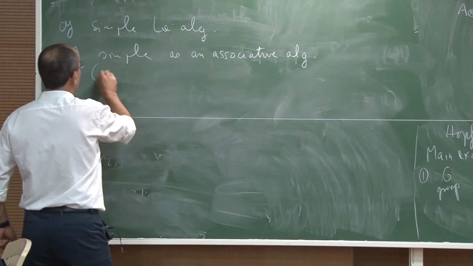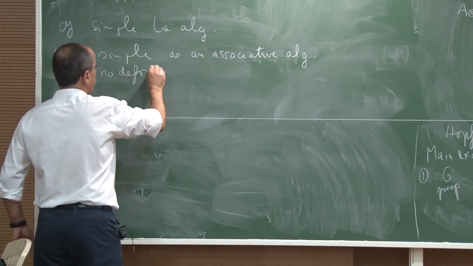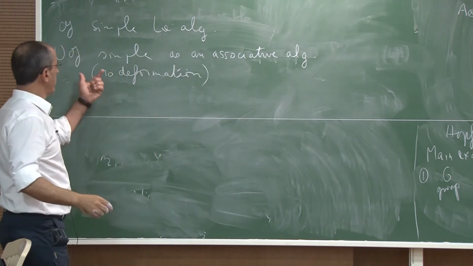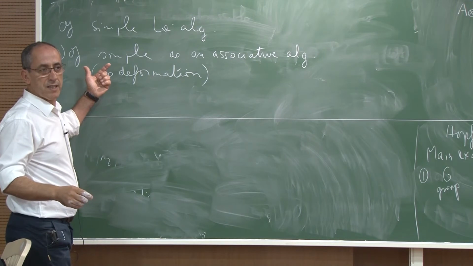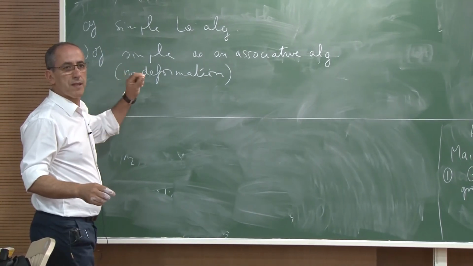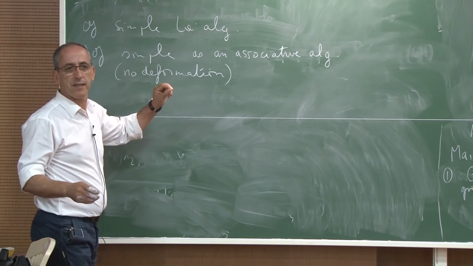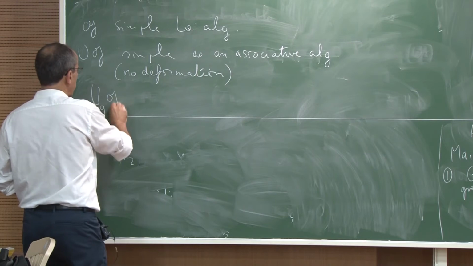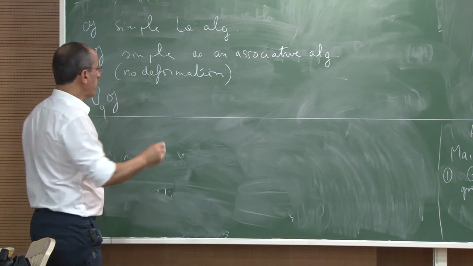As an associative algebra, there is no deformation. Then in fact, if we want to deform this universal enveloping algebra, what we could deform is the co-multiplication. And then we have this U_q G, which are called quantum groups.